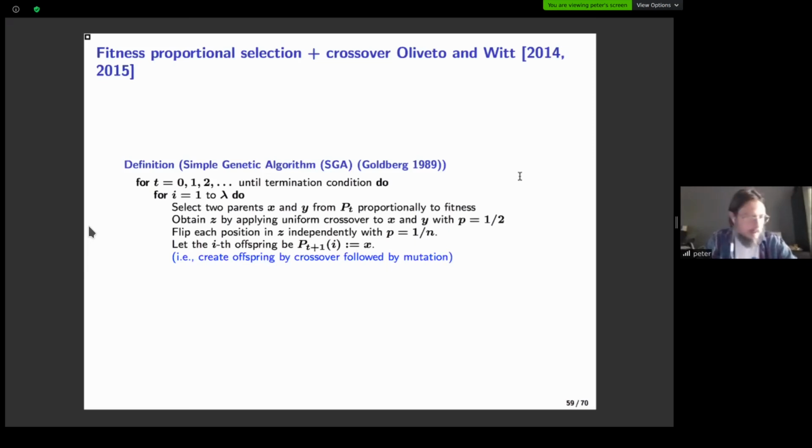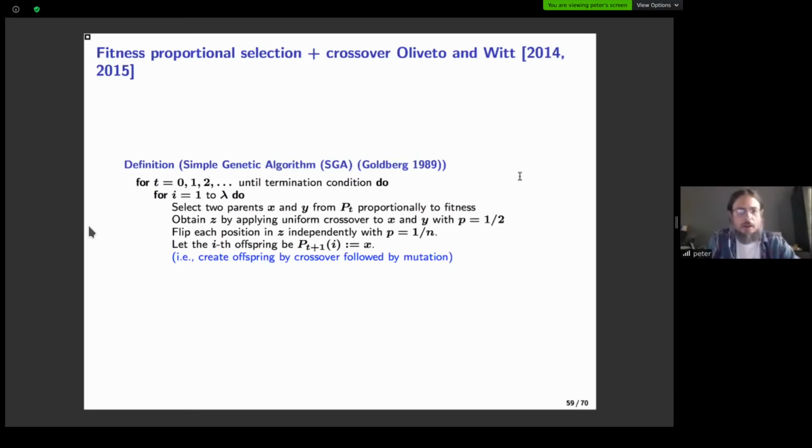So now I will show how it is also possible to analyze generational genetic algorithms that use both populations and crossover. However, we don't have a general method, and the analysis has to be more tailored towards a specific algorithm.